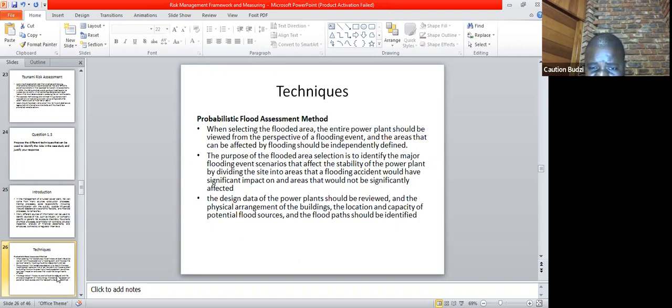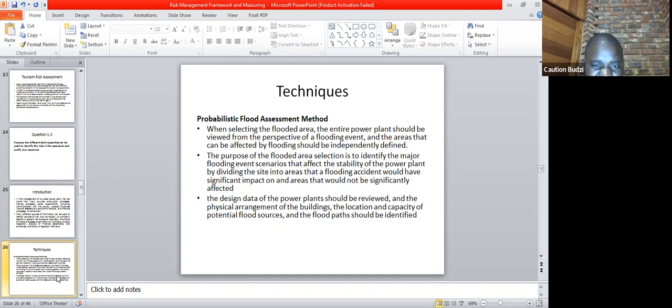The purpose of the flooded area selection is to identify the major flooding event scenarios that affect the stability of the power plant by dividing the site into areas that a flooding accident would have significant impact on and areas that would not be significantly affected. The design data of the power plant should be reviewed, and the physical arrangement of the buildings, the location and capacity of potential flood sources, and the flood path should be identified.